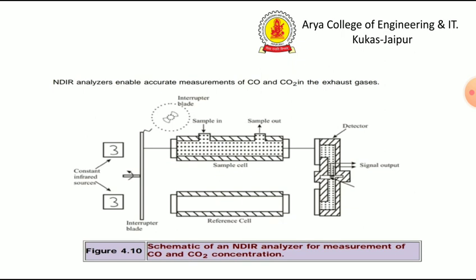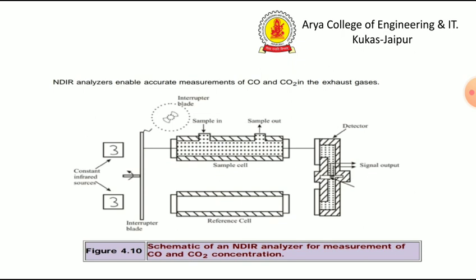In the first column, the gas to be analyzed is in the sample cell, and in the second, a gas of fixed composition like N2 is contained in the reference cell, which is free of the gas of interest and relatively non-absorbing in the infrared region. The infrared beam from a single source is usually split into two beams at the same time and same intensity.